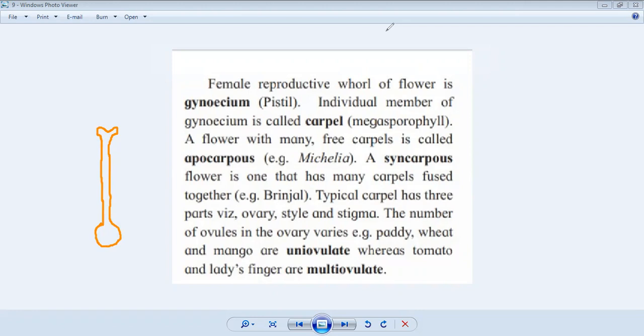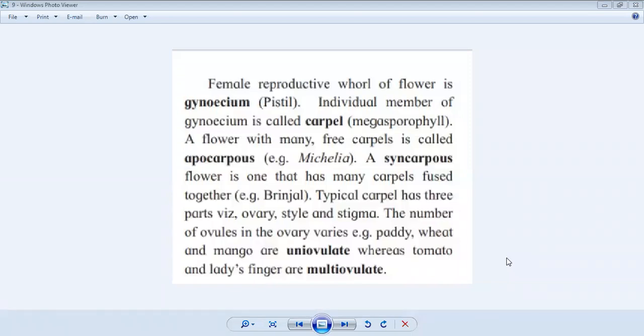You have, I think, studied in the previous lecture, this is the stigma, this is the style, so that the female reproductive whorl of the flower, which is called the gynoecium, and the individual member of that female reproductive whorl is called the carpel.